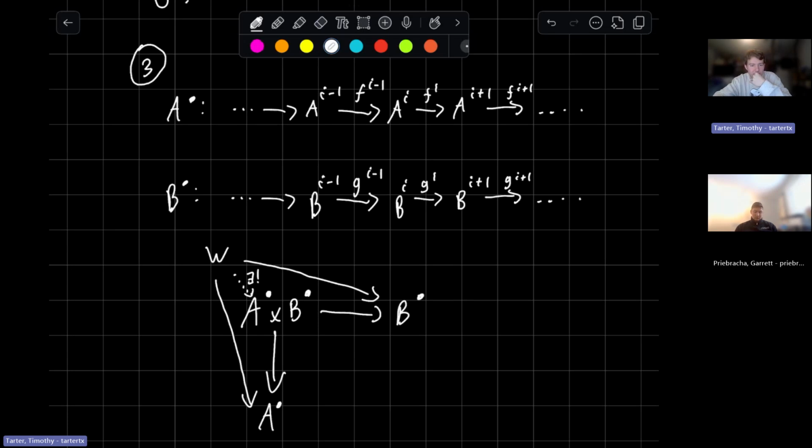It's a cup product. That's not it. What is a double complex? A double complex is a general chain complex.